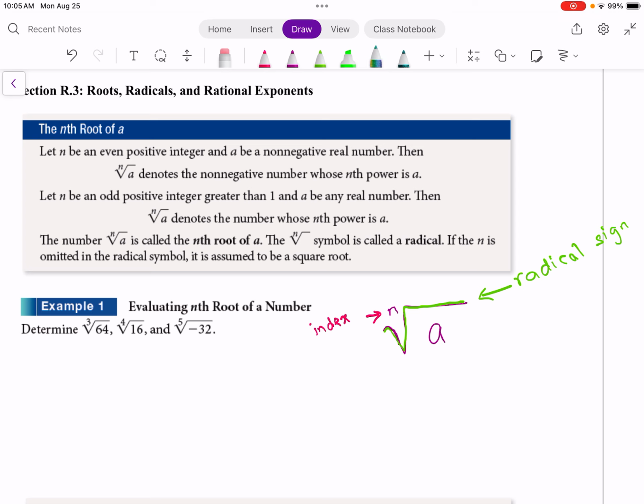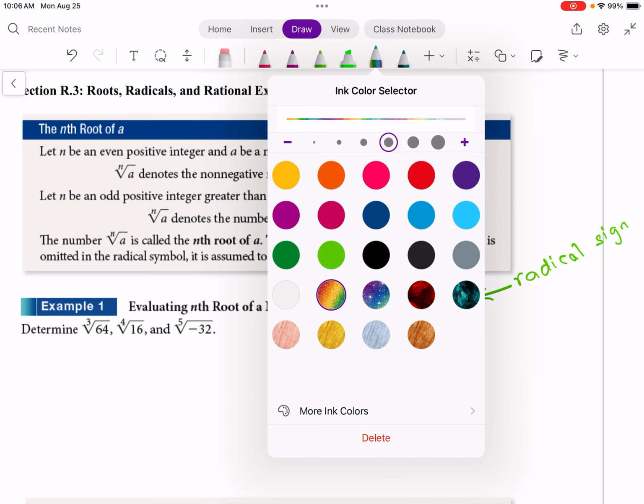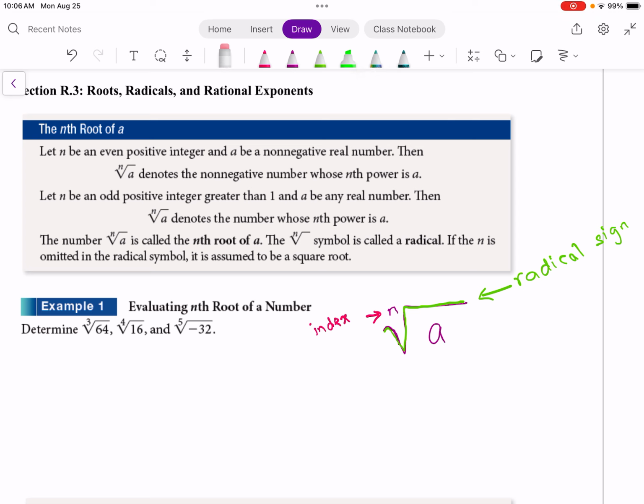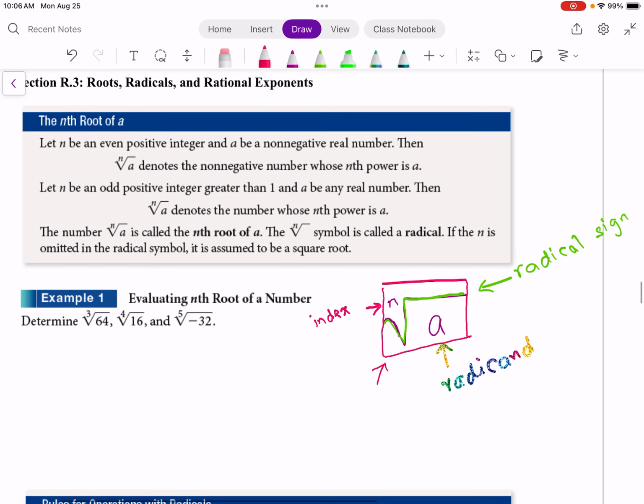The expression under this radical sign, which is a, we call the radicand. All of these combined together we call a radical expression.